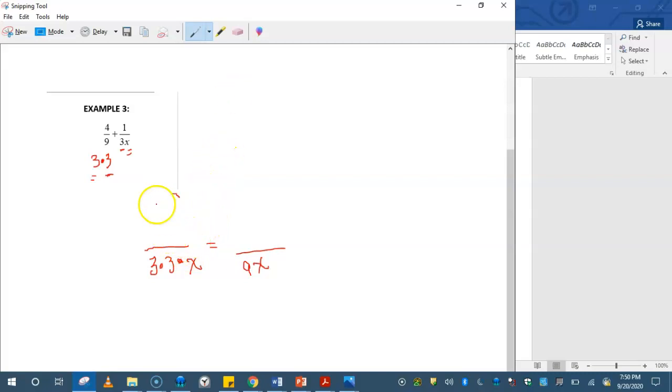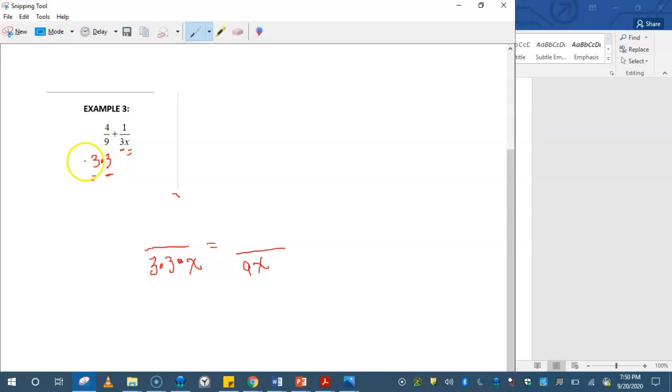And I am just going to now think about what is each fraction missing from our LCD. Let me change the color as we talk about that. So I'm going to change to blue. So let's look at the first fraction. The first fraction has the 3 and the 3 in the denominator, but it's missing the x, right?